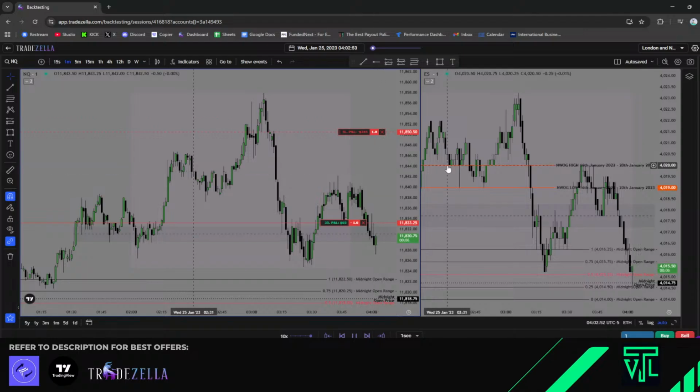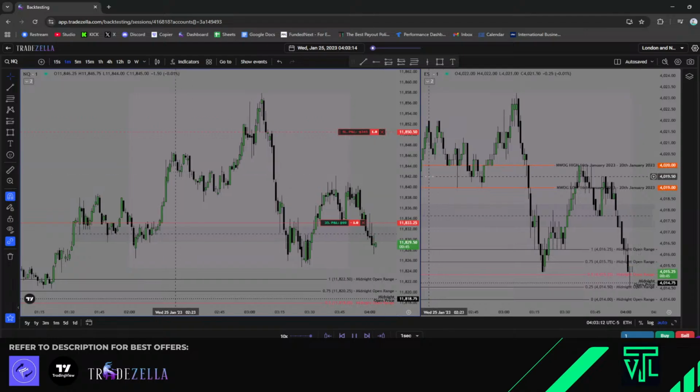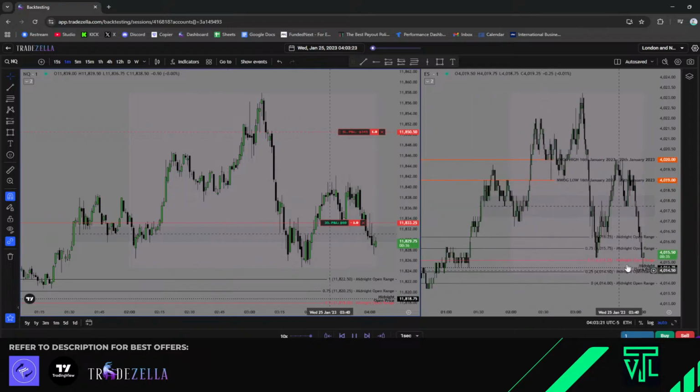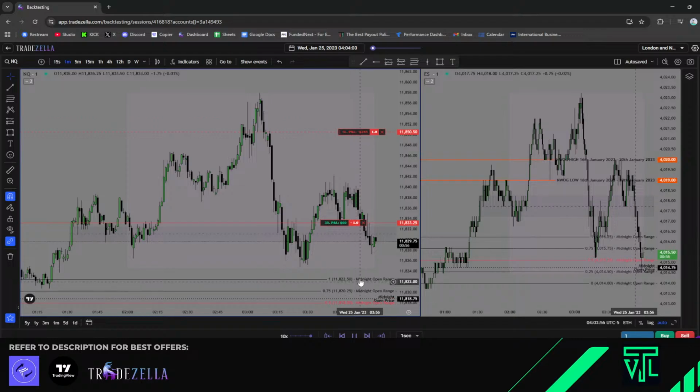4 o'clock opens. ES has made lower low for the London session and also referred the midnight open price.